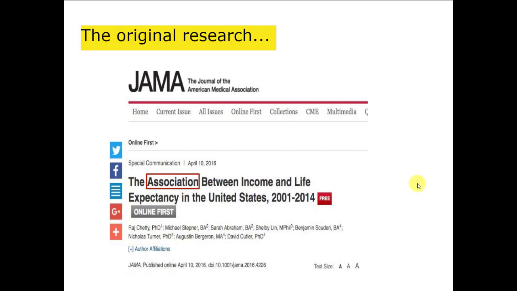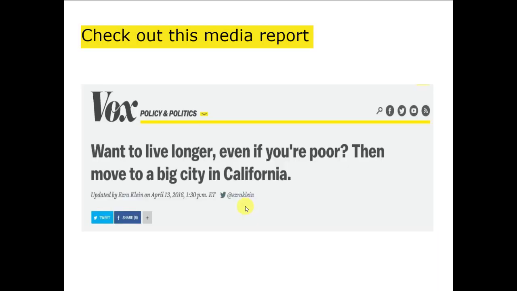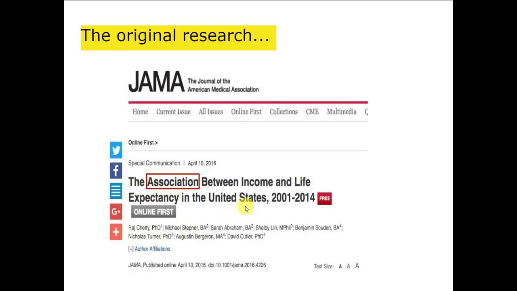And when they did their research, it just said the association, right? The relationship between income and life expectancy in the US. So they weren't saying that one caused the other, like the Vox media report stated. They're just saying that there might be an association between income and life expectancy.